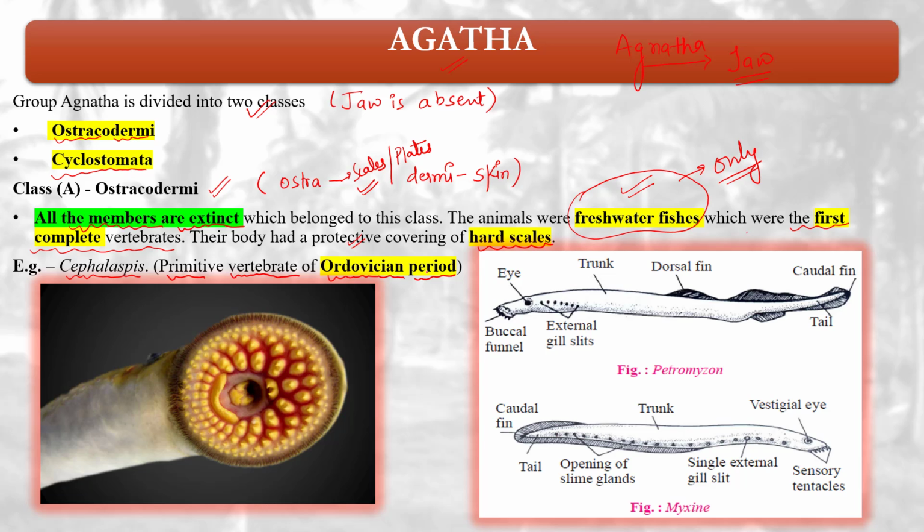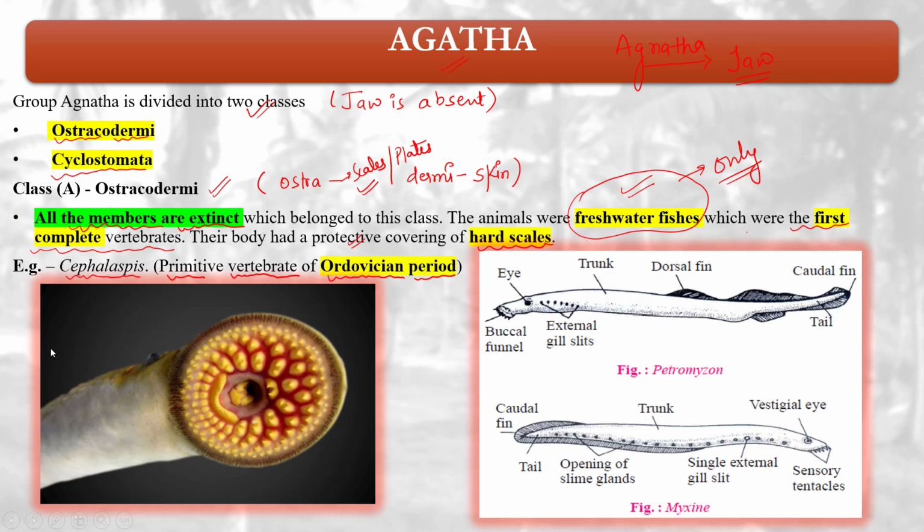Am I clear? So basically we have two types of jawless vertebrates: one is ostracodermi and the second is cyclostomata. All the members are extinct. They are freshwater fishes, they are the first complete vertebrates, and they have hard scales. Cephalaspis is the primitive vertebrate of the Ordovician period.